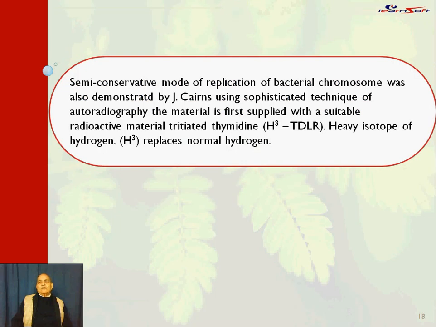The semi-conservative mode of replication of the bacterial chromosome was also demonstrated by J. Cairns using the sophisticated technique of autoradiography, and the material is first supplied with a suitable radioactive material, tritiated thymidine, that is H3, a heavy isotope of hydrogen which replaces the normal hydrogen.